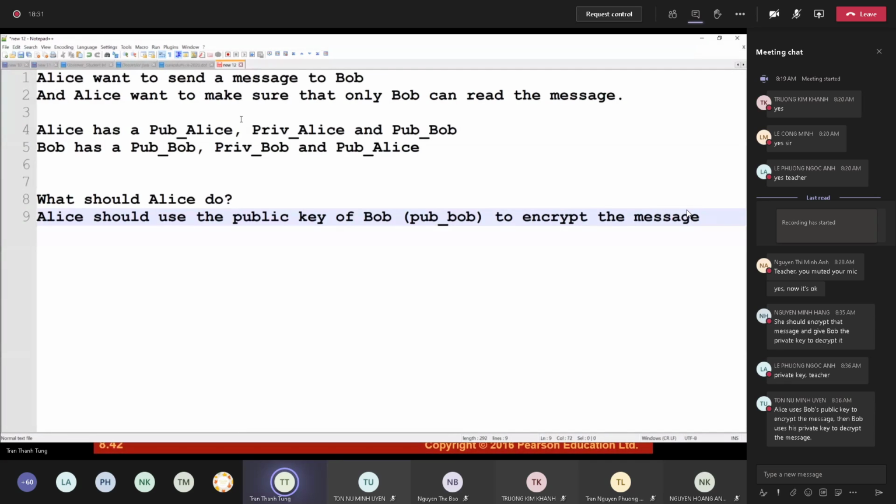Because what we know is that only the private key of Bob can decrypt the message, and only Bob has his private key, so we can make sure that Bob is the only one that can read the message. Okay.